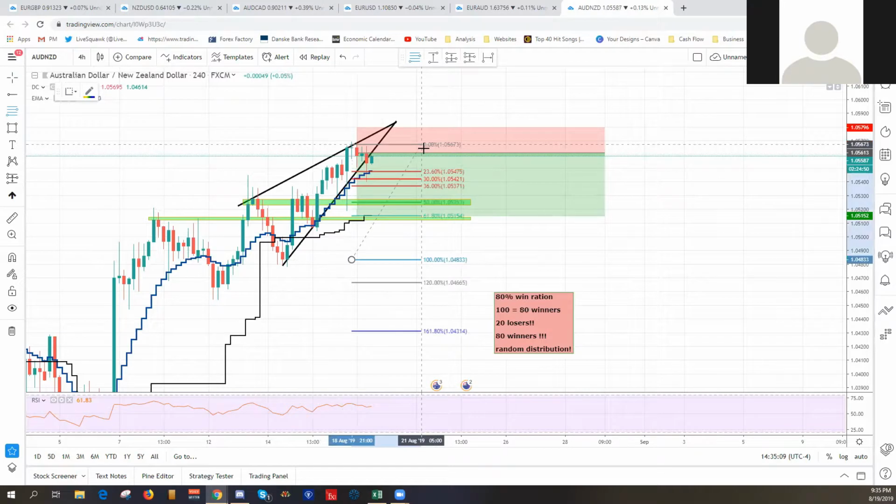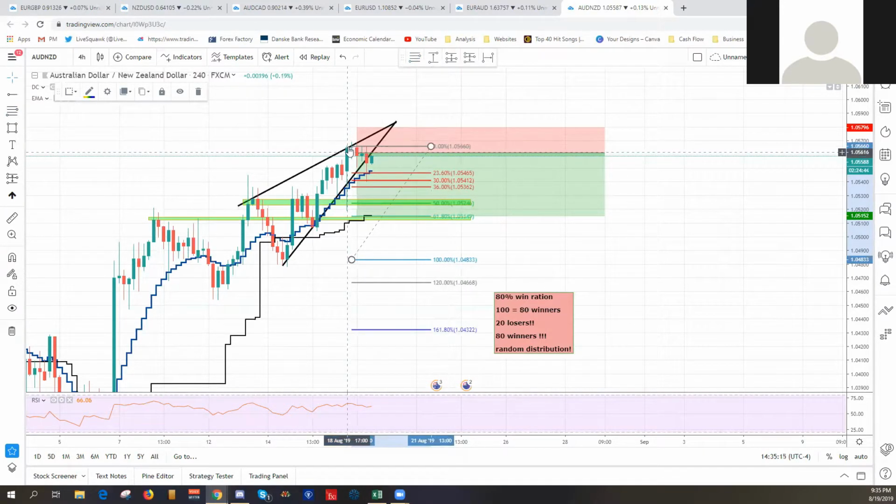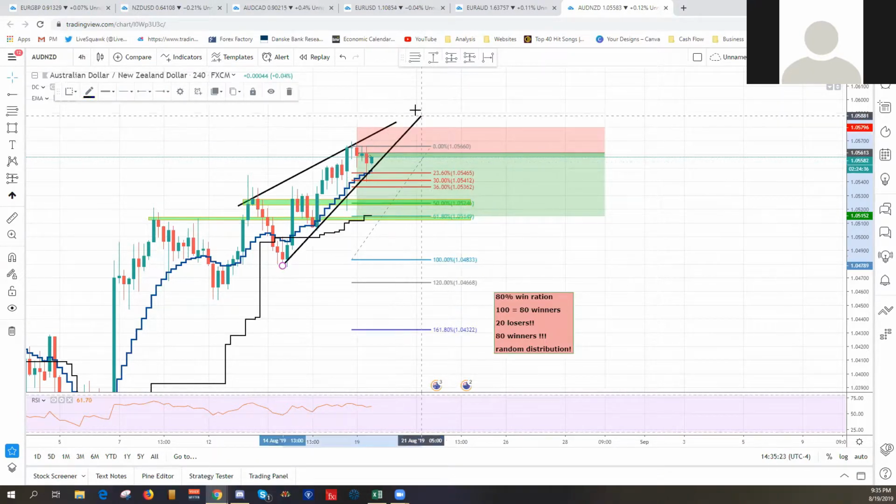And let me show you this now. So we got the top right there. The way to understand this is a top as well is we have this little indecision candle right there. So that's a perfect entry. But again, you need to wait because this is the first top. What could happen is this. You need to remember, you want to be reactive.